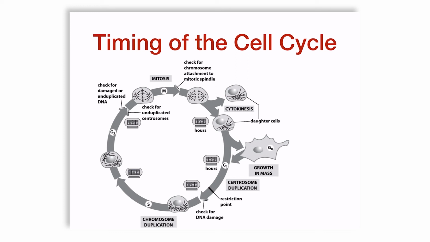Check that centrosome duplication happens. Ensure there's no DNA damage. And there is no overduplicated DNA already present before division. So the timing of the cell cycle is crucially not just regulated by the clock that drives it, but also by the checkpoints.